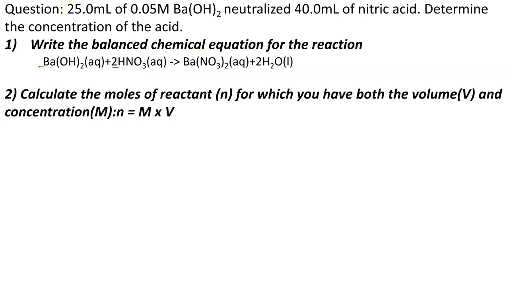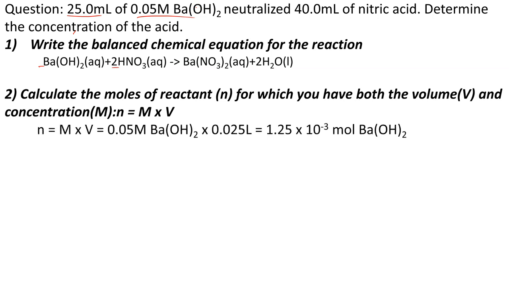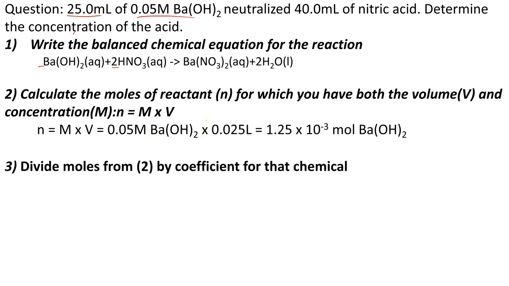They're giving you these two up here. So change that volume to liters and then multiply. So you get 1.25 times 10 to the negative 3 moles of barium hydroxide just by multiplying the molarity times the volume. Divide whatever you got here by the coefficient, which for barium hydroxide is just a 1. That's easy.